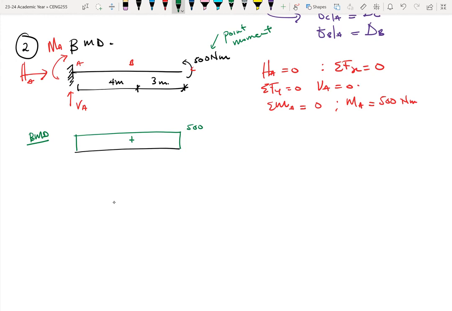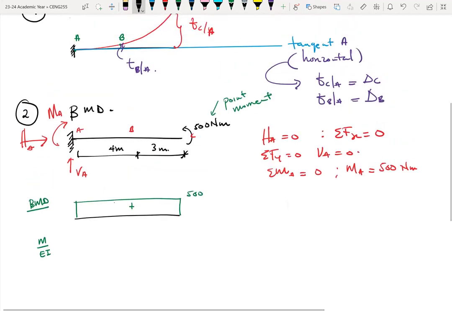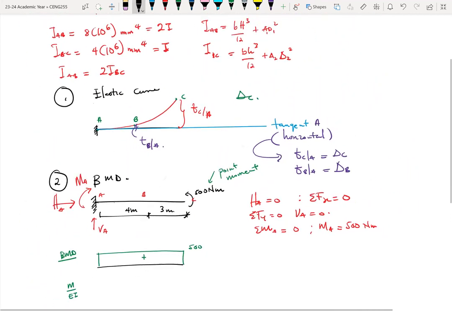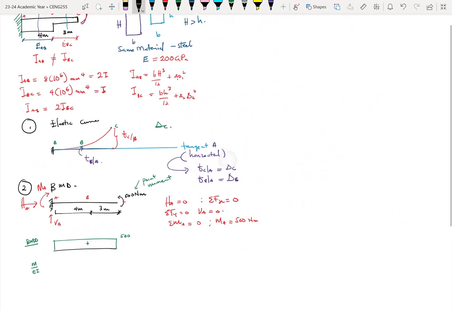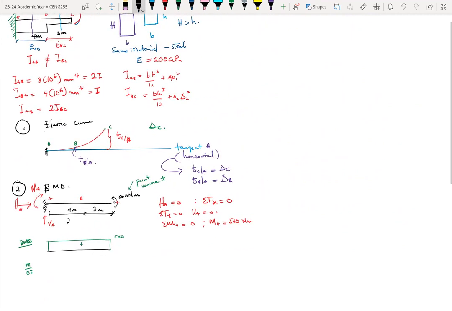It's not exactly what we are looking for. What we want is the M over EI diagram. Okay. So here, I think I've established that here is 2I and this is I. Okay. So let me just highlight it because it becomes important to us.